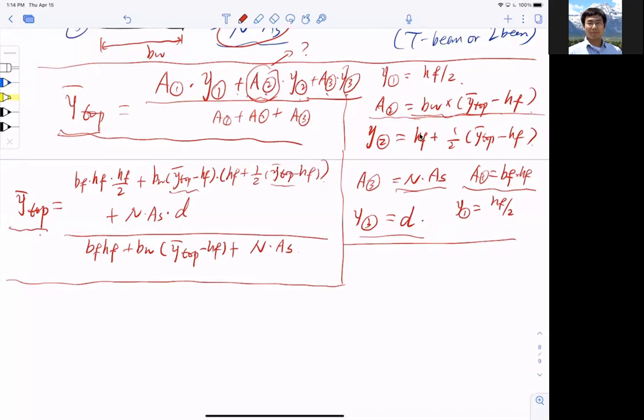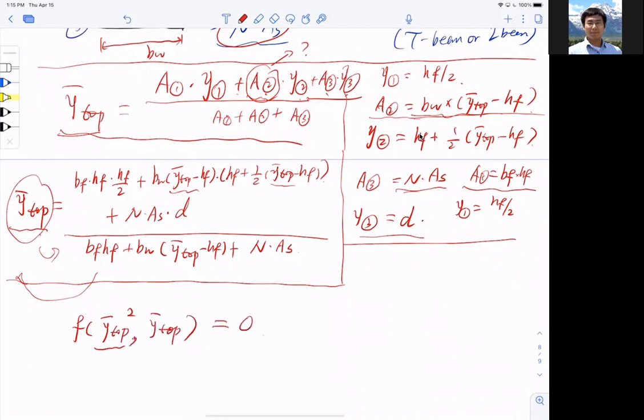So if you move this towards the right, or move this stuff towards the left, either way, you end up with an equation in y top, and believe me or not, it is actually a second order equation, and that has to equal 0. You have to actually solve for y top. So that's how you get a neutral axis.